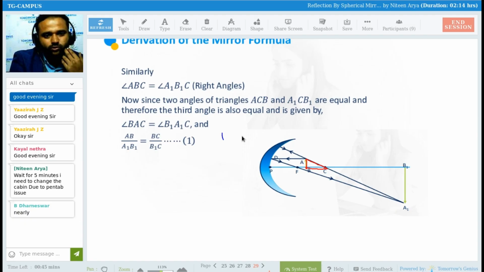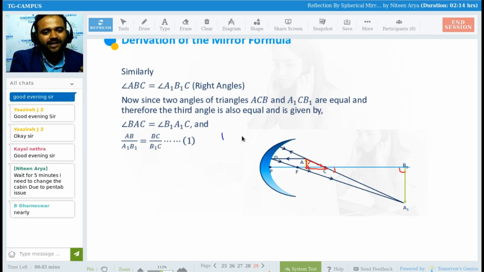Now since two angles of triangles ACB and A1C1B1 are equal, the third angle is also equal. What is the meaning? See, two angles are equal, so the third angle, angle BAC, is going to be equal as well.